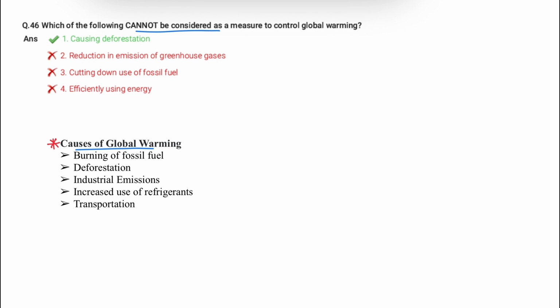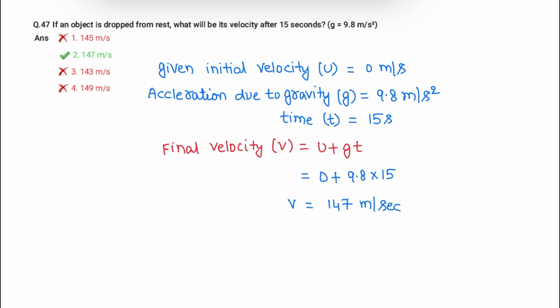Cannot be considered as a measure, so that is causing deforestation. Reduction of emission of greenhouse gases, cutting down use of fossil fuels, efficiently using energy. These are the measures to control global warming. Correct answer is 1. Next question.